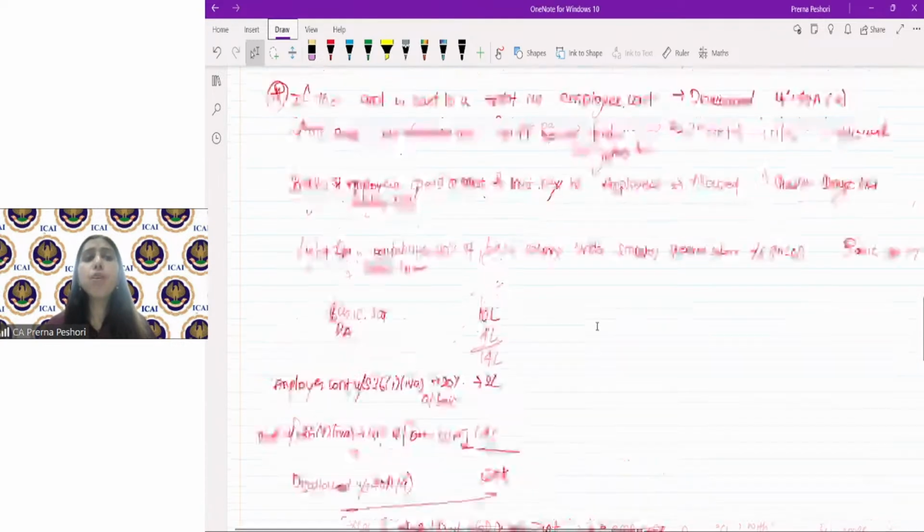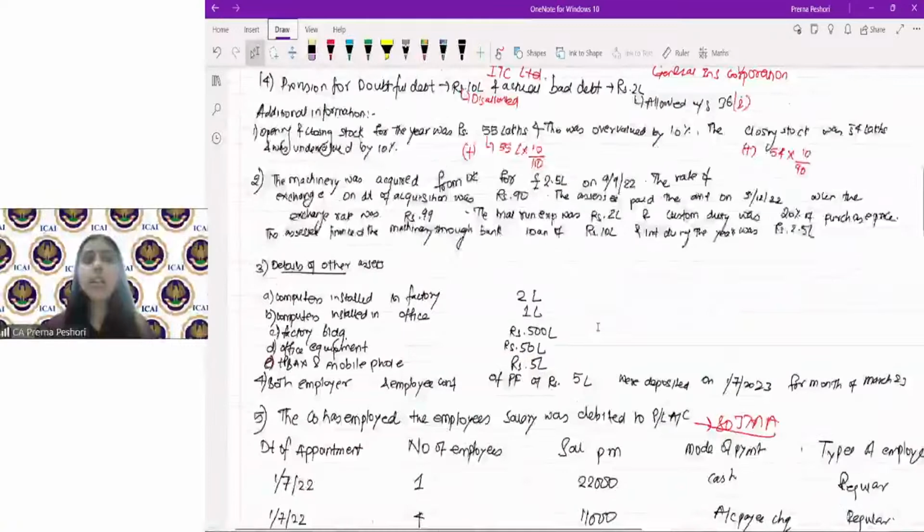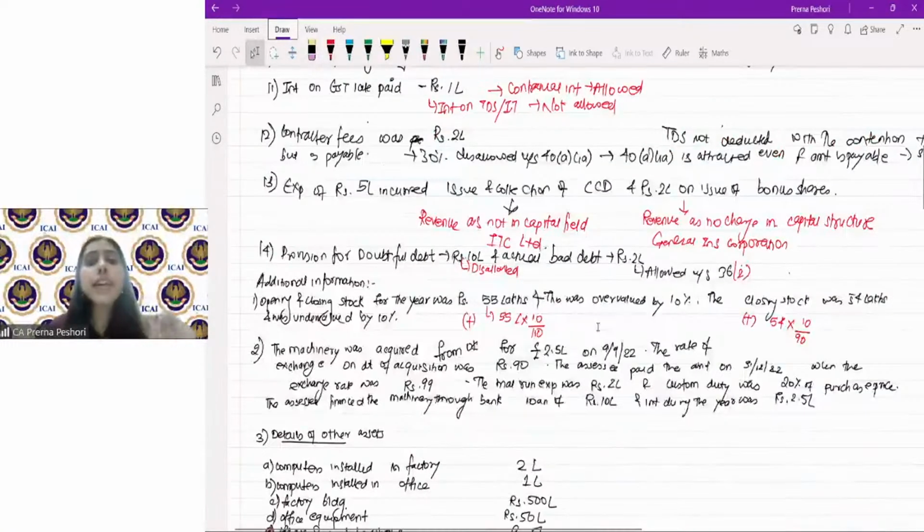So if, let's say for example, I would have told you here that the payment has not yet been made, but the rate of exchange as on the 31st March 23, which is the closing date, is 99. Will you still add that exchange difference? The payment has not yet been made.